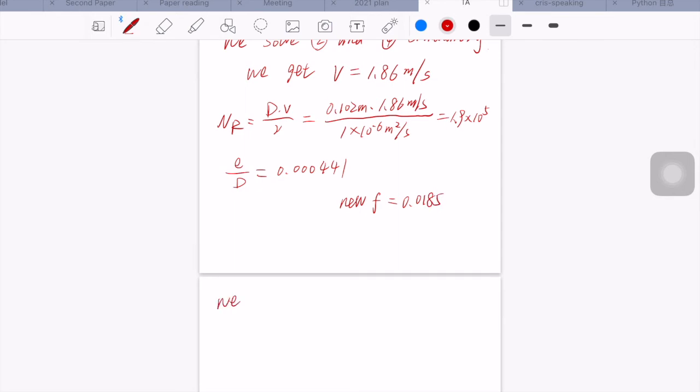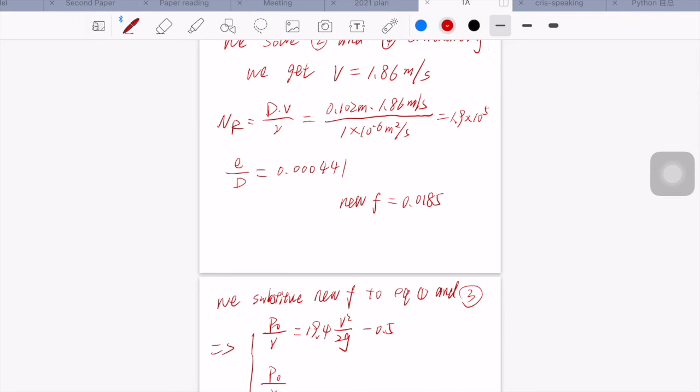So now we substitute the new f into equation 1 and equation 3. So we can get that P0 divided by gamma equals 19.5 V squared divided by 2g minus 0.5, and P0 divided by gamma equals 30.8 times V squared divided by 2g minus 2.5.